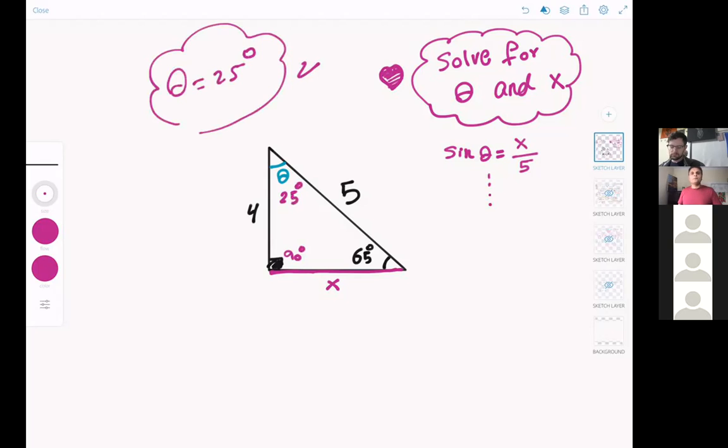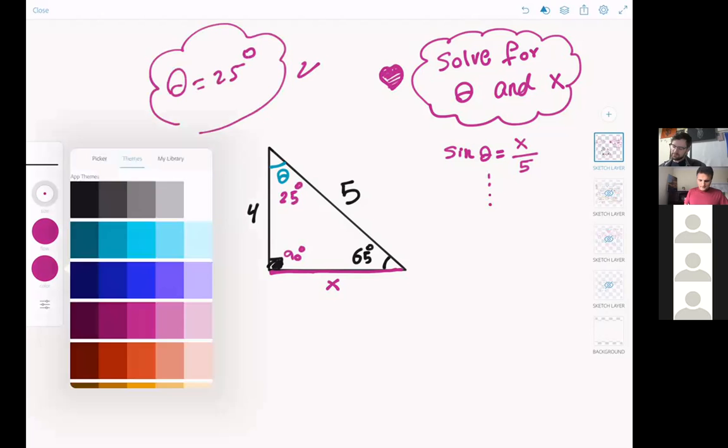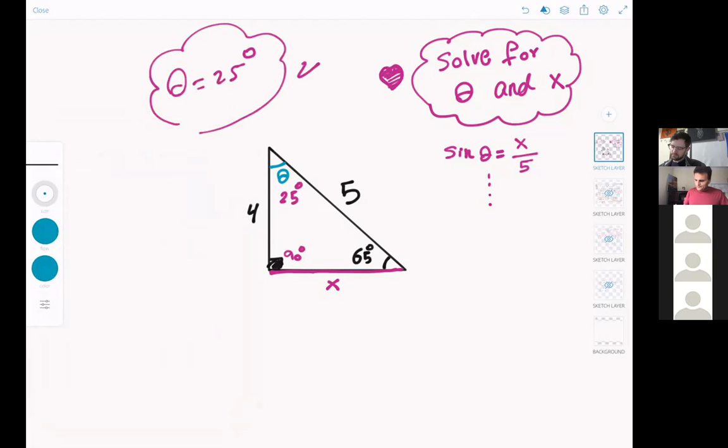But how do we solve for x? Pythagorean. Excellent. Yvette loves Pythagorean. If you see a right triangle, we use Pythagorean. The Pythagorean theorem says 4 squared plus x squared equals hypotenuse squared.